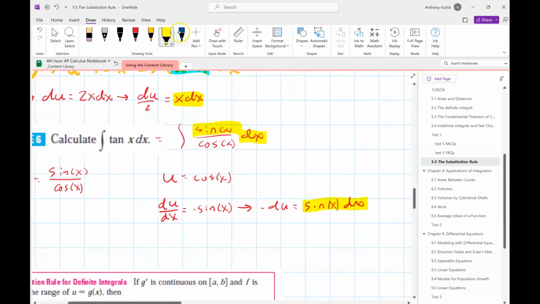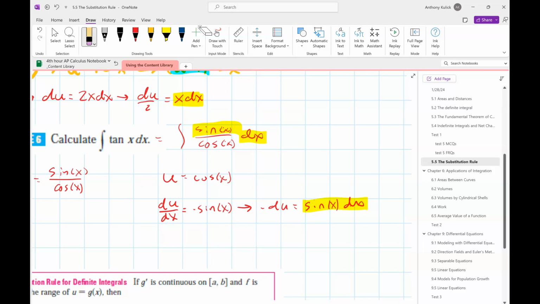If instead of picking u to be cosine, I picked it to be sine, I would end up with 1 over cosine times dx, which is not what du would have equaled. Very easy to make that mistake, to think about them as not two things.